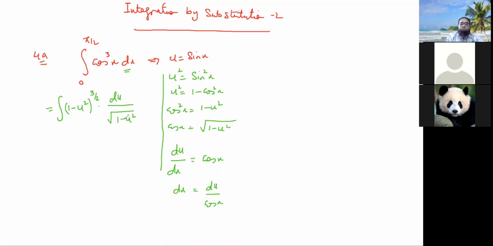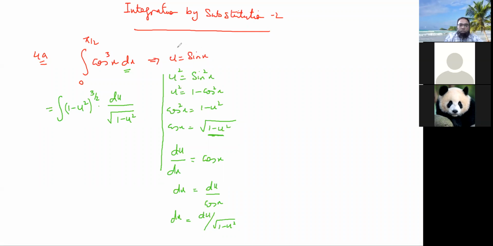Please, children, you have to be with me. I have changed this cos x with this expression that we just found from here. Let me write it here as well: this dx is going to be du over under root 1 minus u square. So you see that there shouldn't be anything that you're not understanding.